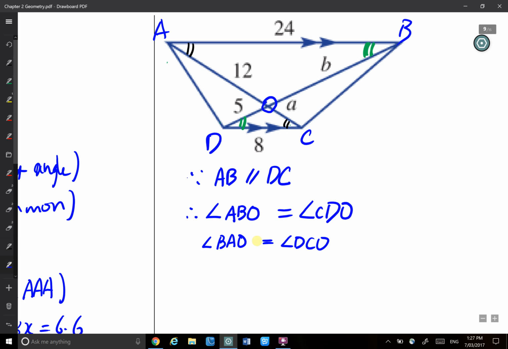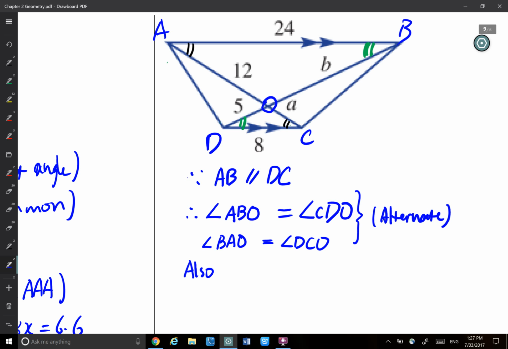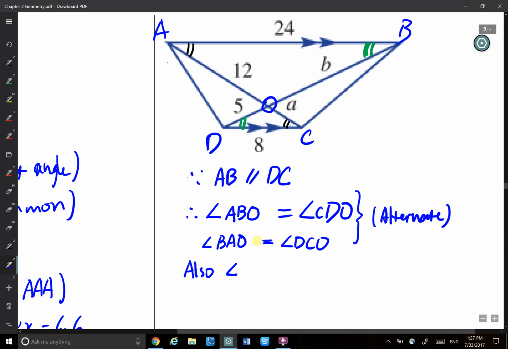Also, this is alternate. Alternate angles in parallel lines must be the same. Then also the angle AOB equals the angle COD, which is vertically opposite, or you can say two pairs already equal, then the third pair must be equal.